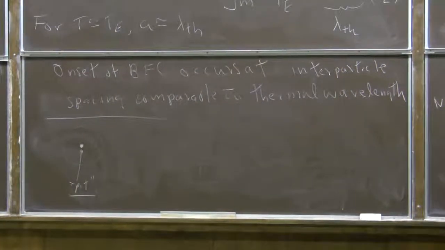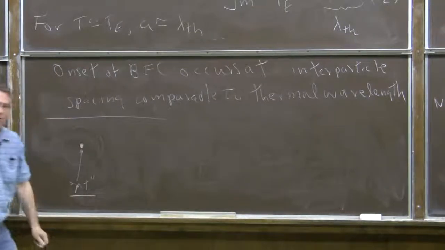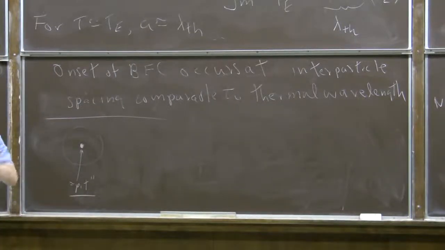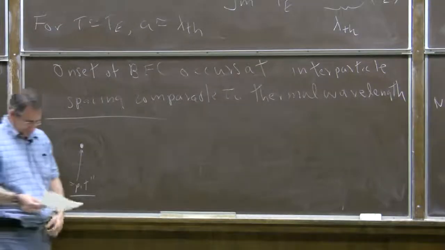Why? Because they're all in the ground state? Yeah, because what you're looking at here is the ground state orbital with a huge number of particles in it. And the ground state orbital has a size which is small compared to the volume that the gas occupies. So it looks like a little nugget right in the center.